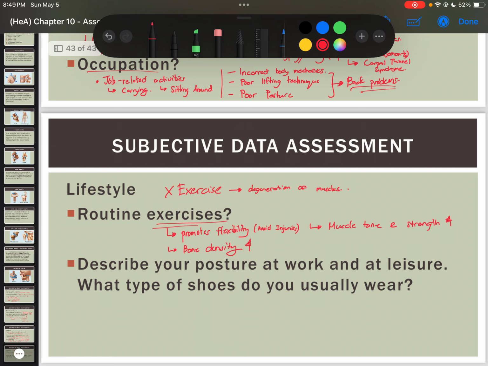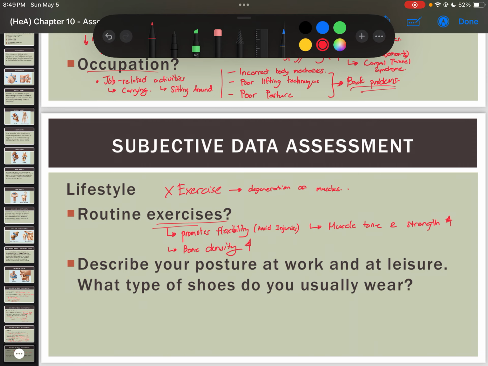And lastly, you have to ask them about their posture at work and at leisure. What type of shoes do they usually wear? This is very common. The use of high-heeled shoes can cause contracture of the Achilles tendon.